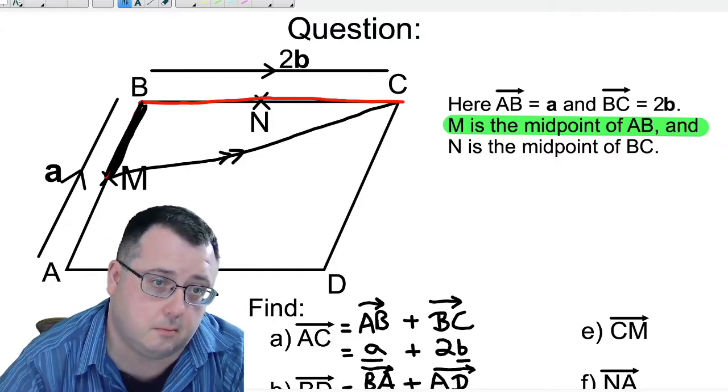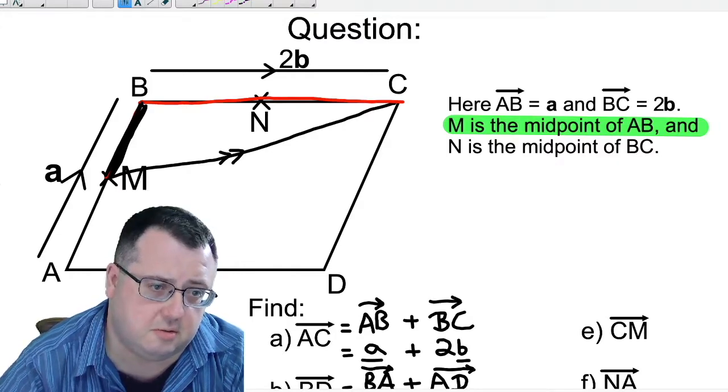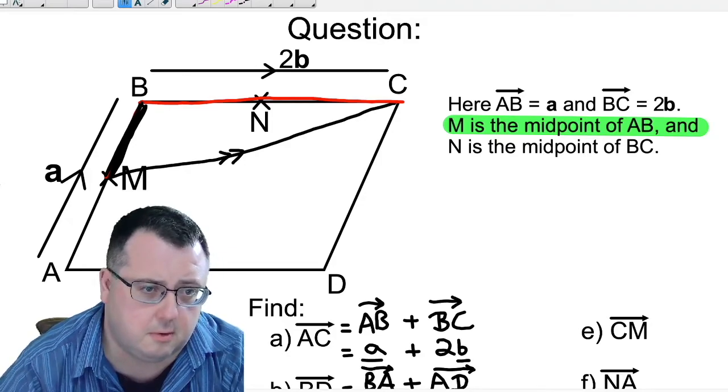No, you're still going in the same direction, A to B. But M is the midpoint of AB. So what's this distance going to be?